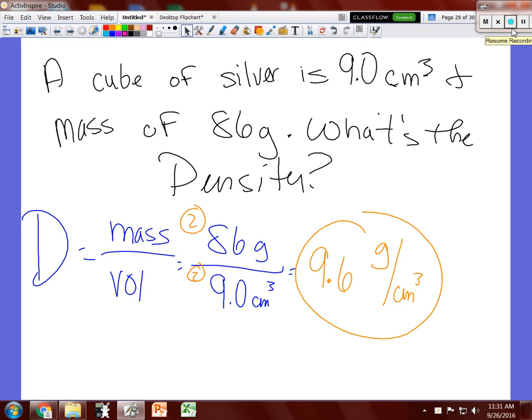Let me ask you this. 1D, know the difference between weight and mass. If I take you to the moon, what changes? Your weight, because what changes? Gravity. Understand the purpose of units and why we use them. If I say 9.6, what? Like, if I say it's 9 meters or 9 centimeters, how do you know what you're measuring?